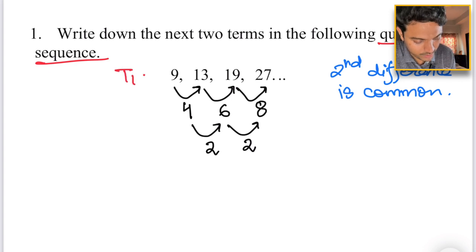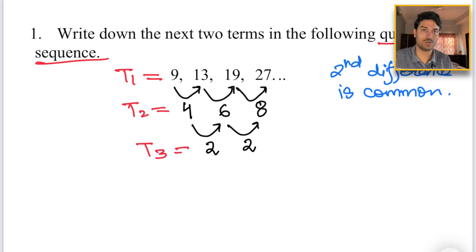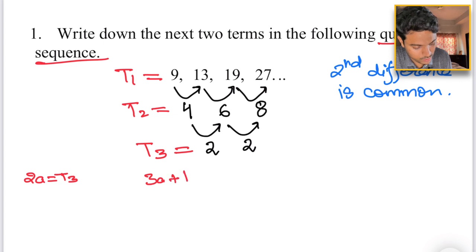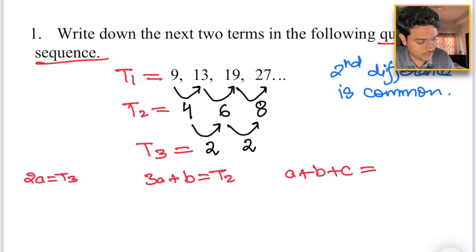T1 is equal to 9, T2 equals 4, and T3 is equal to 2. So we have these three equations: 2a equals T3, then 3a plus b is equal to T2, and a plus b plus c is equal to T1.